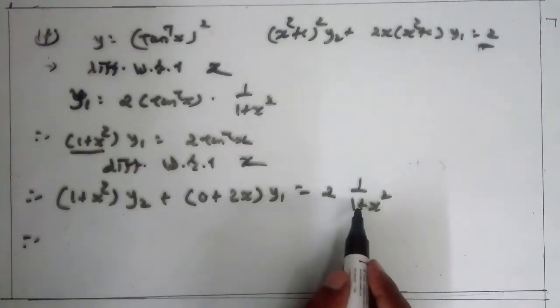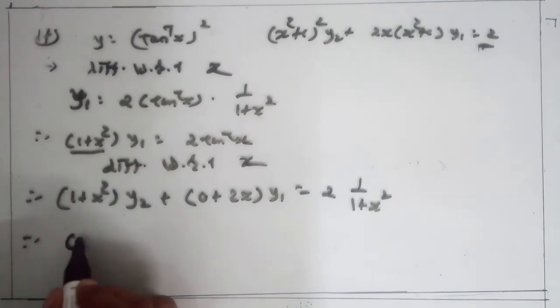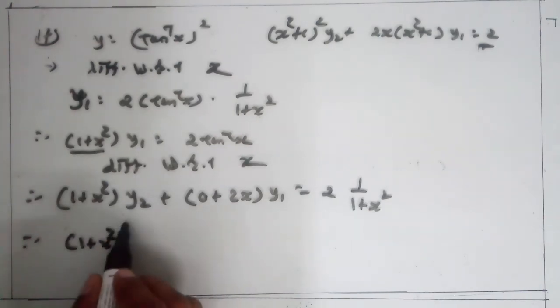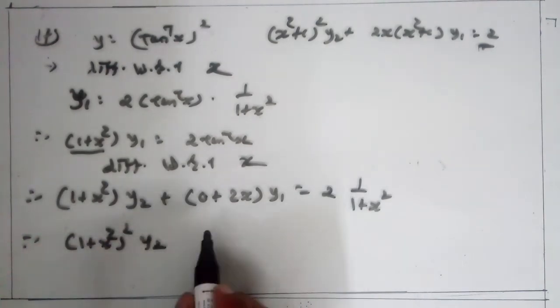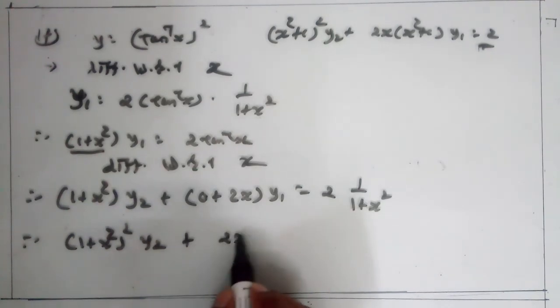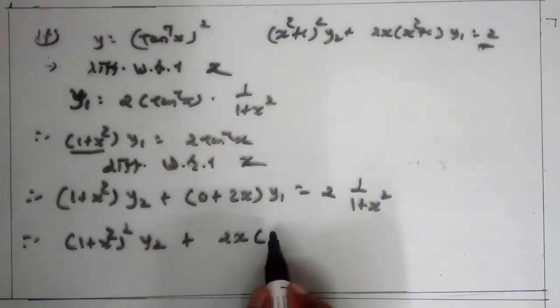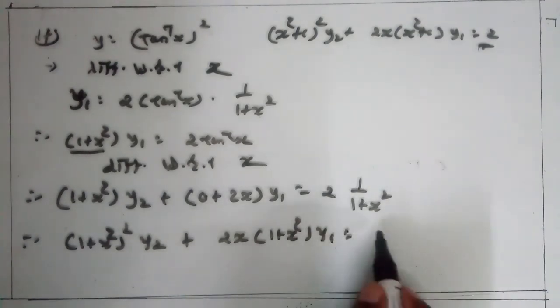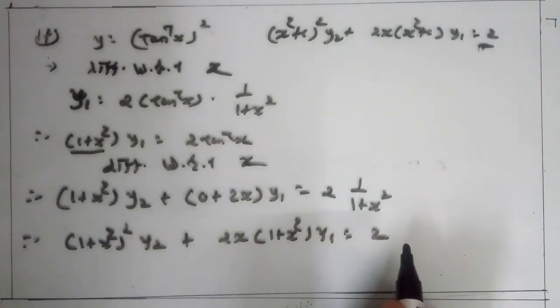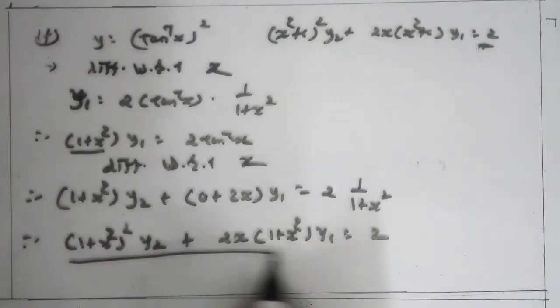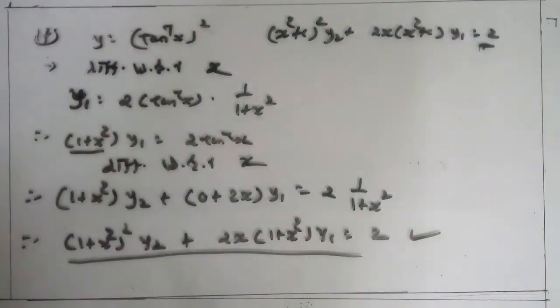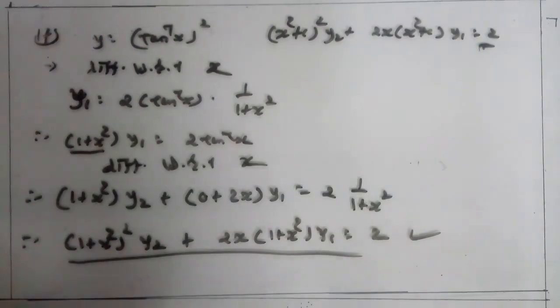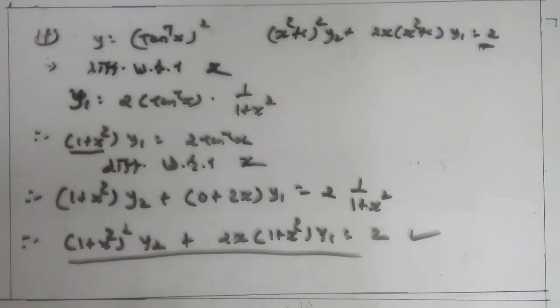Therefore 1 + x² take LCM, so we get (1 + x²)² y2 + 2x (1 + x²) y1 = 2. Clear? So hence proved. Okay. Now remaining topics and exercise we will complete in the next lecture.